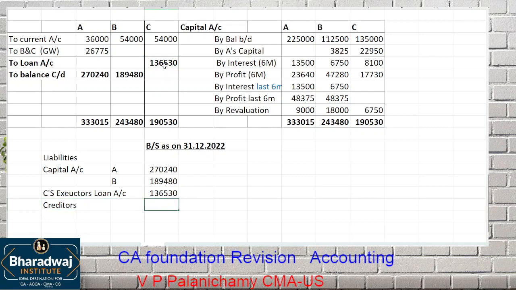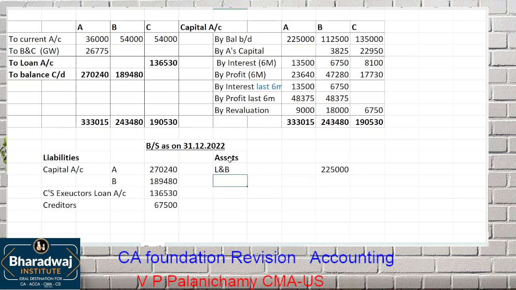How much are the creditors? 67,500 creditors. Then the revised value of land and building, how much is it? Revised value of land and building, 2 lakh.